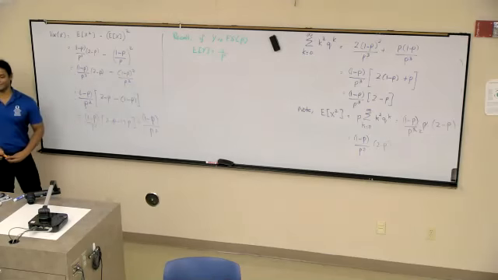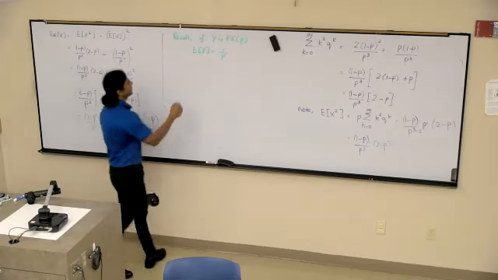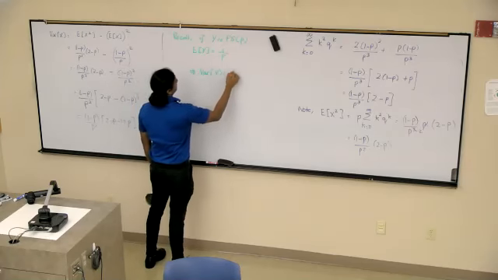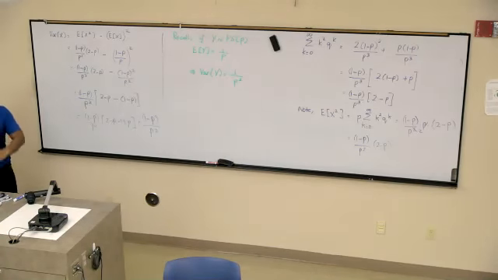If you have to take a wild guess, what would the variance be? 1 over p squared. Good.